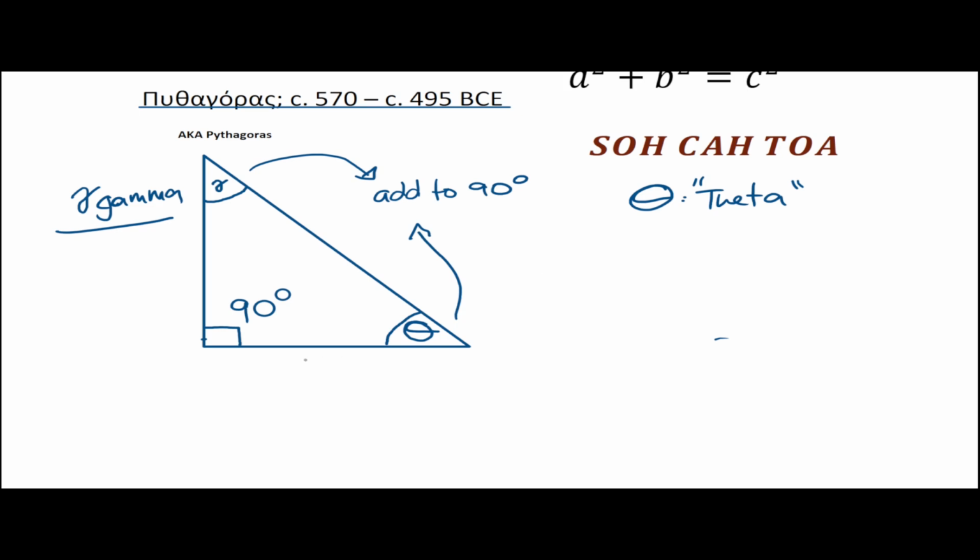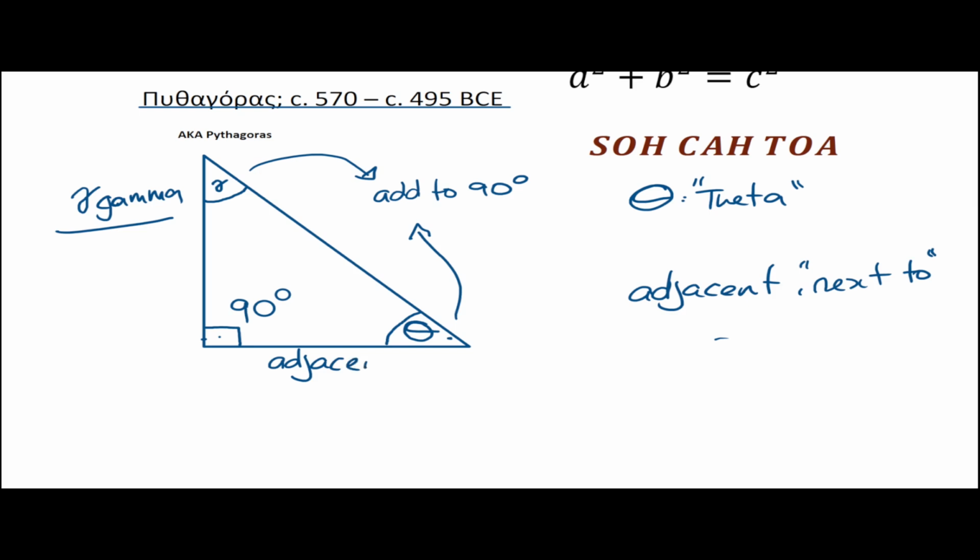The side here, the side which is adjacent, meaning next to. So if you said, where do you live? I live adjacent to the fire station. That would mean that you live next to the fire station. Adjacent is next to both the right angle and the theta angle.